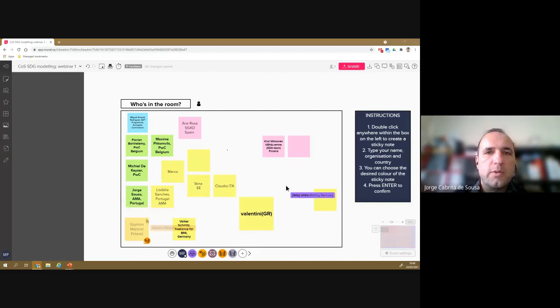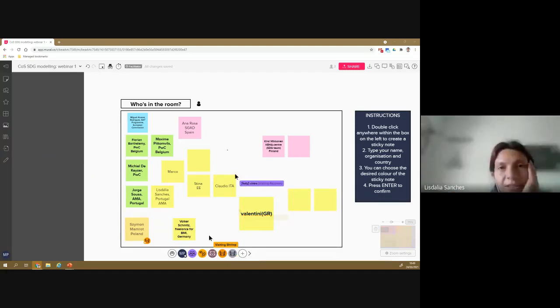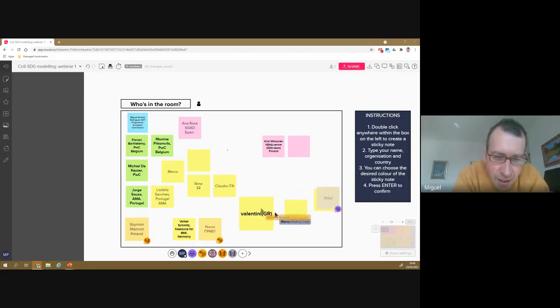I'm from Portugal, and I work with AMA, and in the digitalization of services for the Services Directive, and now for the SDG Annex 2. Thank you, Jorge. Lisdalia. I work with Jorge in AMA, and we are working in the SDG also. Very good. Thank you both.